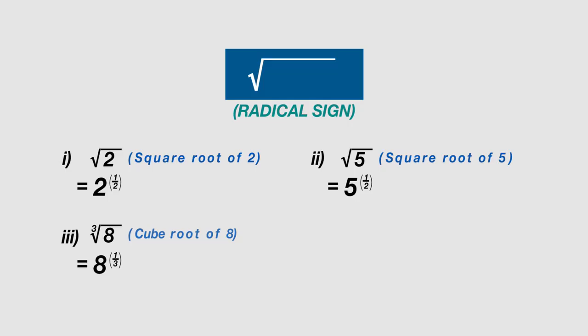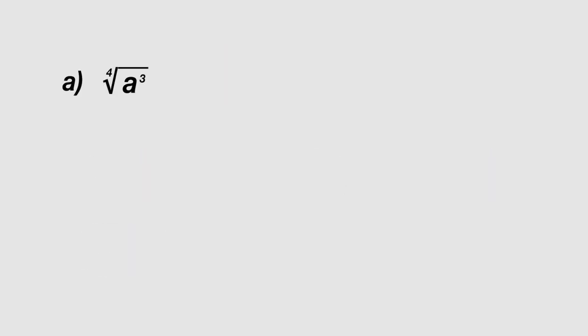Now, many times the radical sign is not very friendly with students. So you can easily change it to become a fraction when you are working indices. Now, supposing we have a small 4 with the radical sign over a raised to the power 3, it is called the 4th root of a cubed.